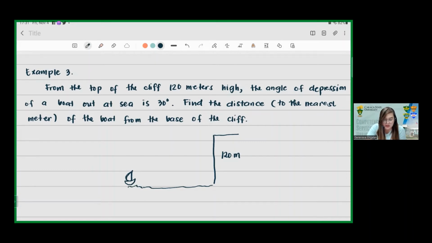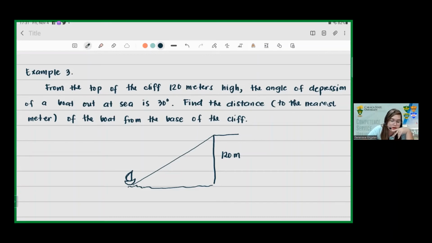So, pasabot ang A, B, D. Okay. So, naa daw angle of depression of a boat out at the sea is 30 degrees. So, gikan sa boat padulong dira sa cliff, ang iyang angle of depression is 30 degrees.